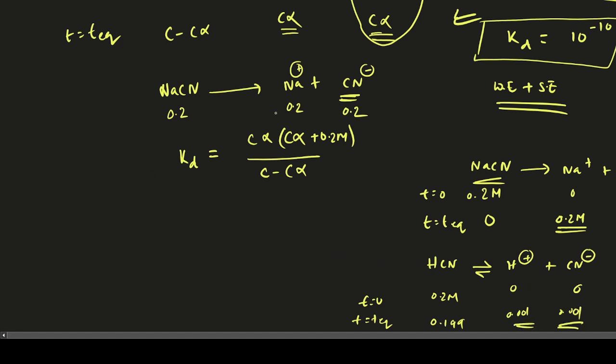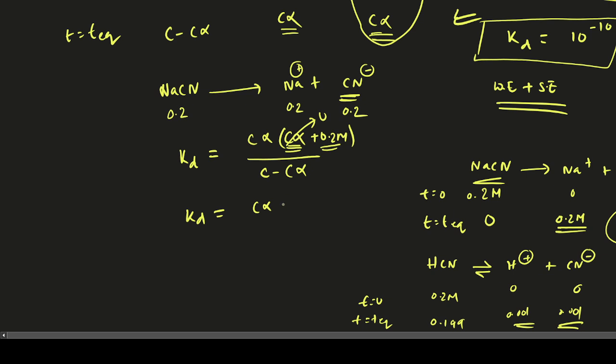So very little dissociates. What we say is that this C alpha value, this CN minus value, is very small compared to this value, so we just neglect it. This tends to 0. So Kd equal to C alpha, and this value is very small compared to this value, so we keep it as 0.